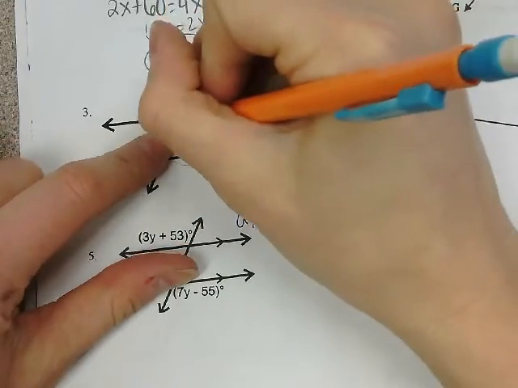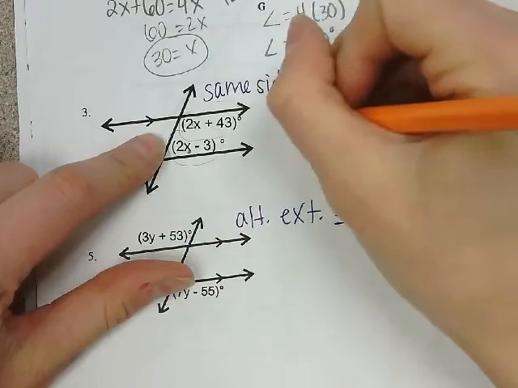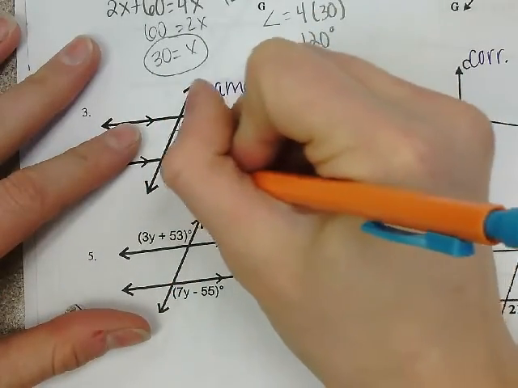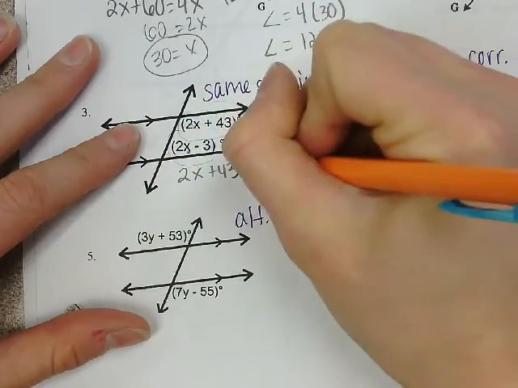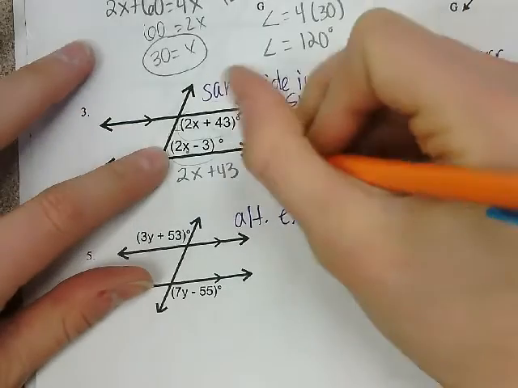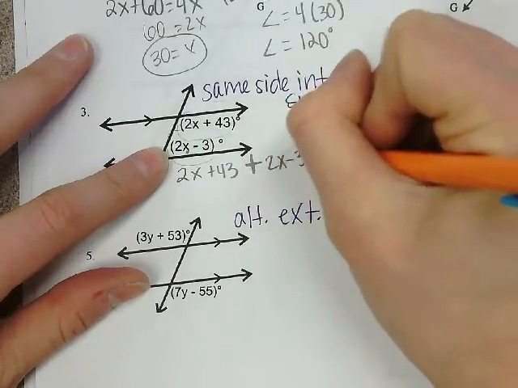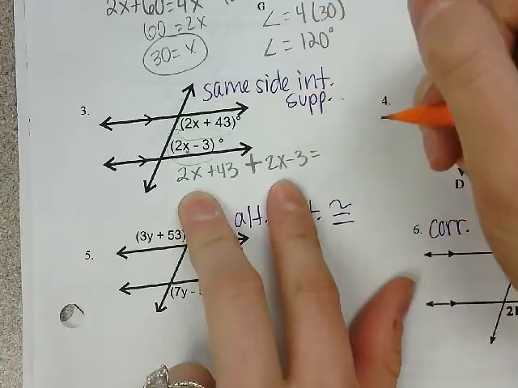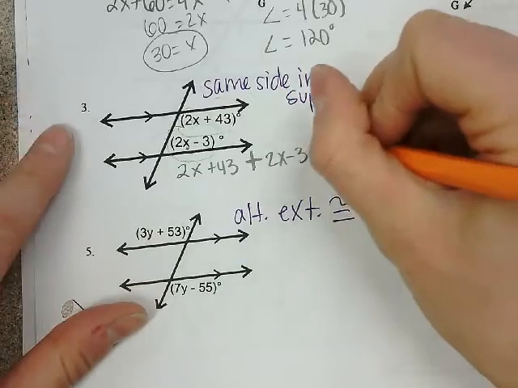Perfect. If I add these two angles together, they're going to equal 180. So I'm going to say 2x plus 43 plus the other angle, 2x minus 3. And when I add those two angles together, they equal 180.